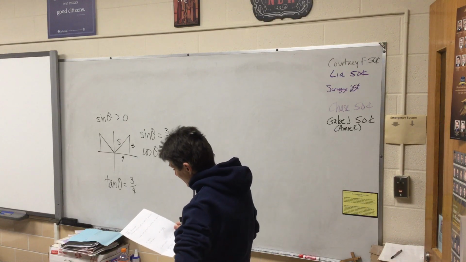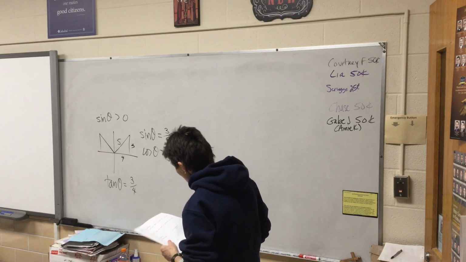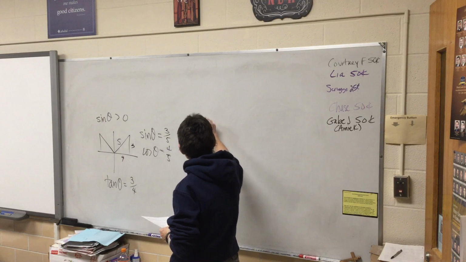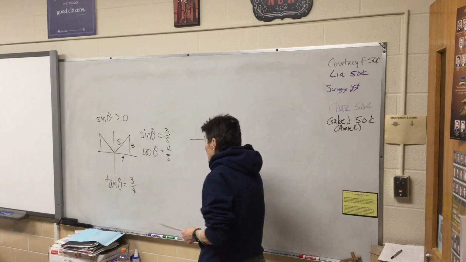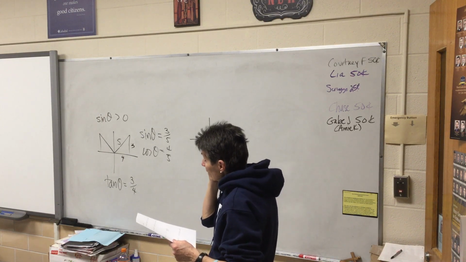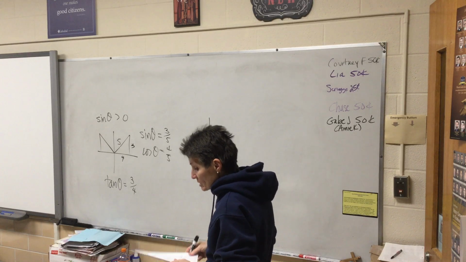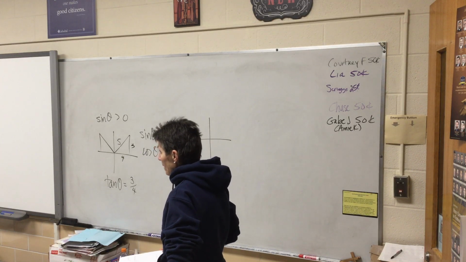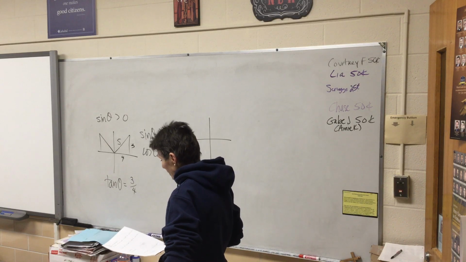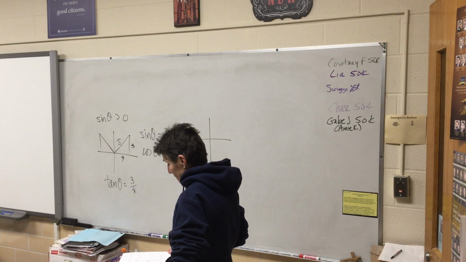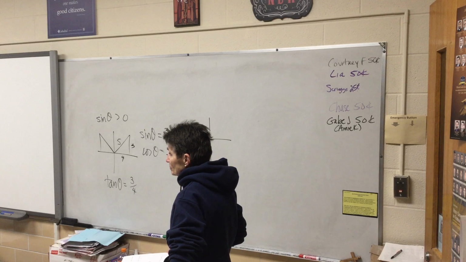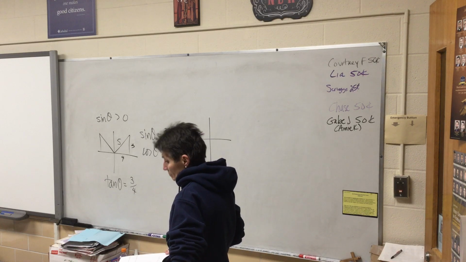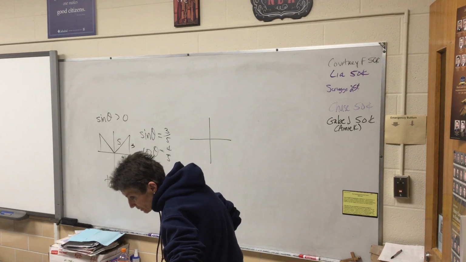All right, so B says, find the sine and the tangent if the cosine is 4/5 and the tangent is negative. All right, cosine 4/5, that's a positive number. Where am I if my cosine is a positive number? In 1 or 4.